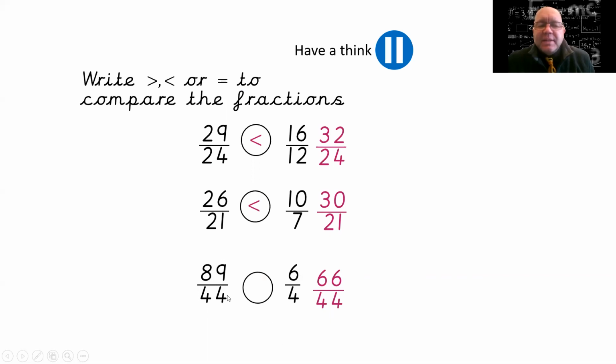Because the denominators are the same, we just need to look at the top numbers. 89 is bigger than 66. So 89 over 44 is greater than 6 over 4. Okay. All of these work because we've come up with an equivalent fraction that's got the same denominator.